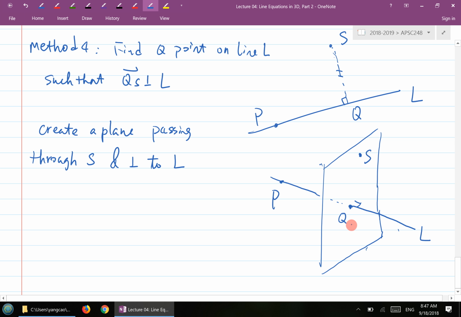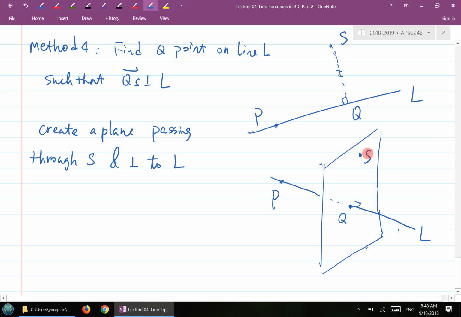That actually is pretty straightforward, because to create a plane equation, what information do you need? A normal vector to the plane and the point S. So you already have a point S, where the plane is passing through. Then what would be the normal vector to the plane?